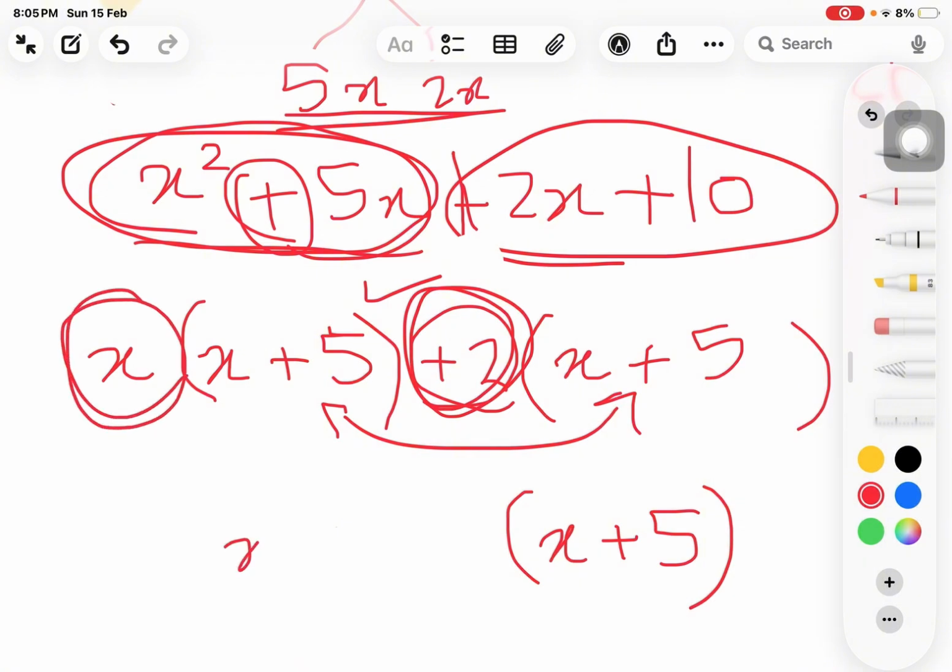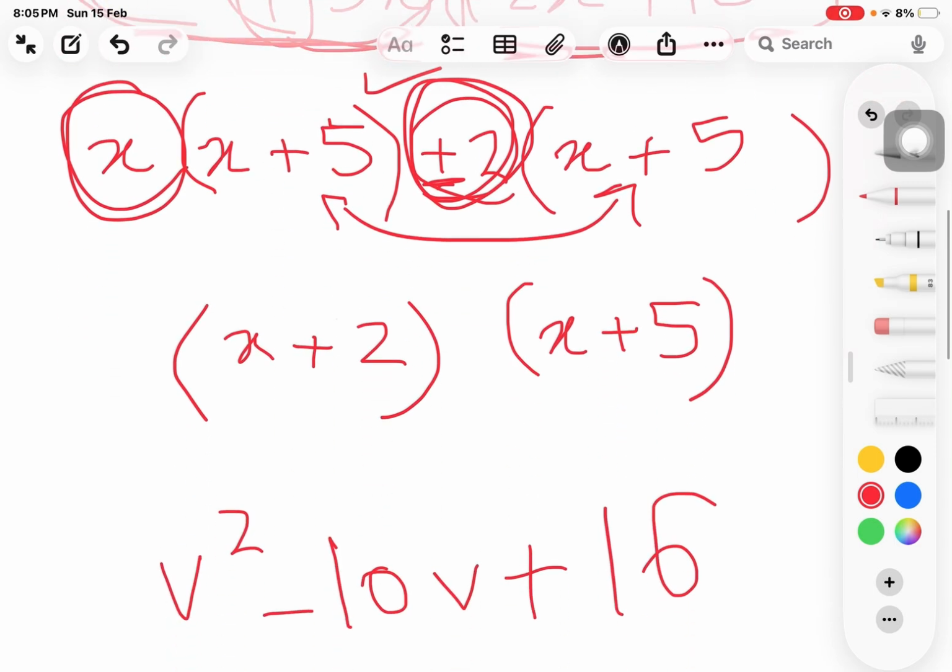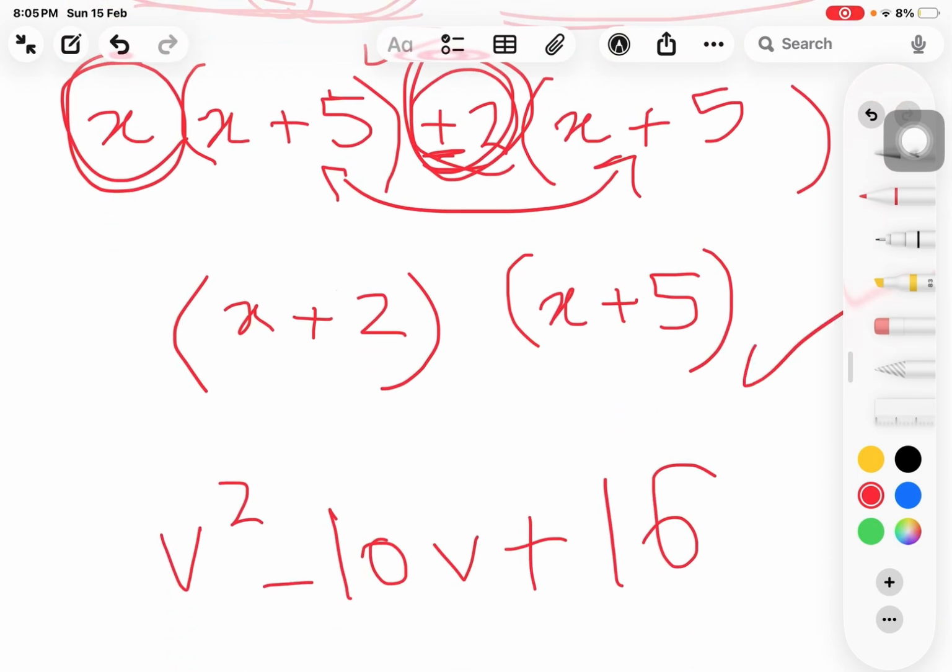That's why the sign is so important, because it's x plus 2. So the final answer is x plus 2, x plus 5. And that's 100% correct.